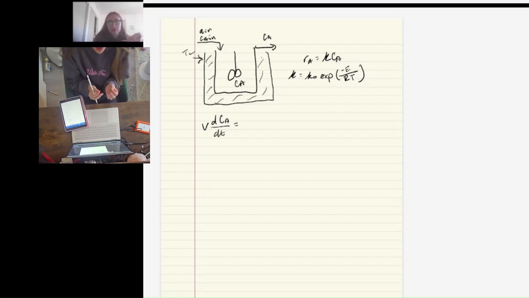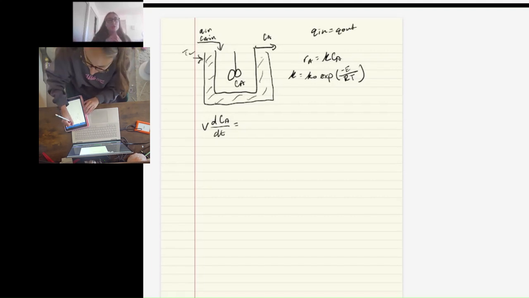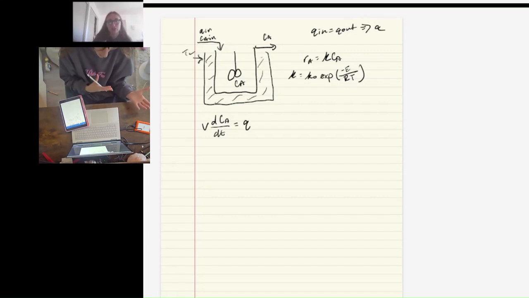What is our concentration going to be multiplied by? Our flow rate. Our flow rate in is going to equal our flow rate out, so Q in equals Q out, and we are just going to keep it as Q.